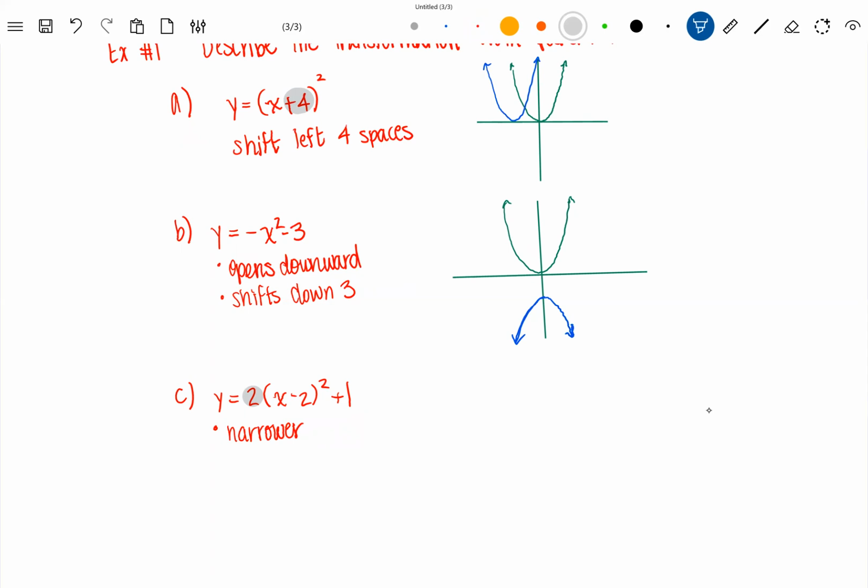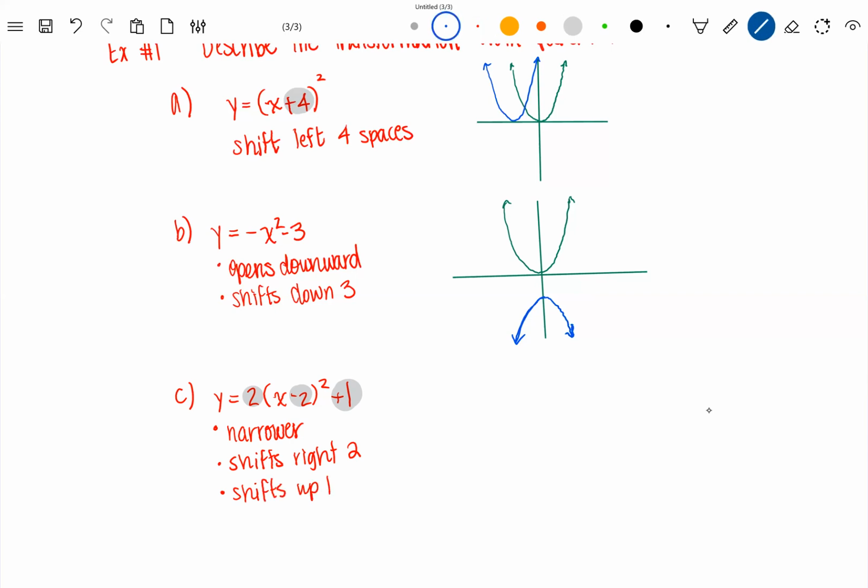Then the next thing is that -2. It's in parentheses, so that represents a horizontal shift. Since that's -2, it shifts to the right 2. And the last thing is this +1. That's the constant on the far right. That represents a vertical shift, and it shifts up 1 since it's +1.